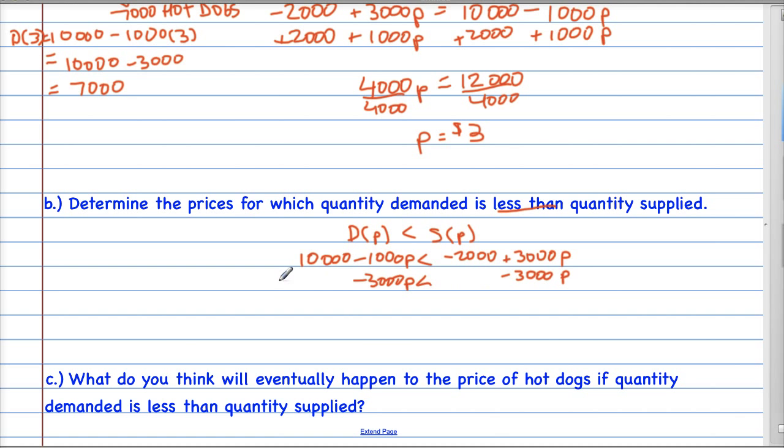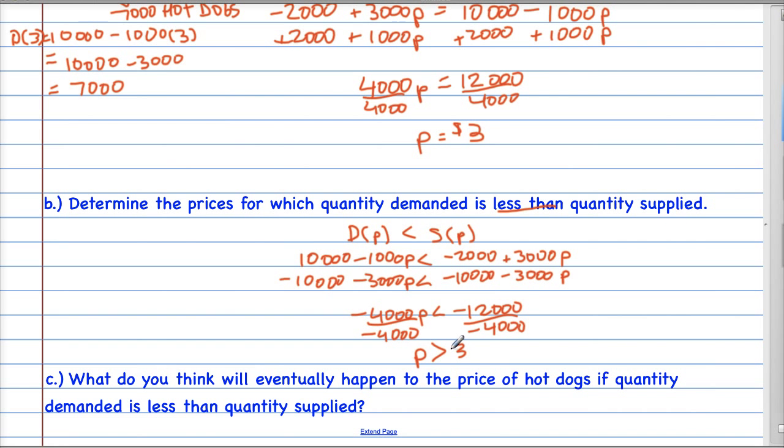I guess it doesn't really matter which side. And then I subtract my 10,000 from both sides. And so I have negative 4,000 P is less than negative 12,000. Divide both sides by negative 4,000. It doesn't really matter which side you move the P onto, because when I divide by a negative, the inequality flips, and P is going to be greater than 3. So when the price is greater than 3, the quantity demanded will be less than the quantity supplied.